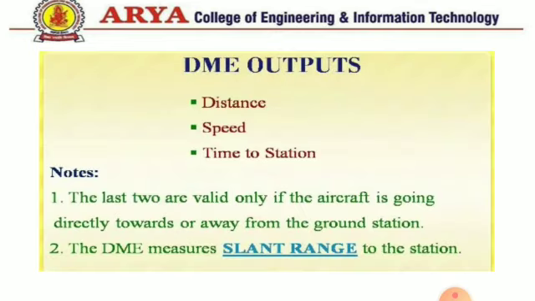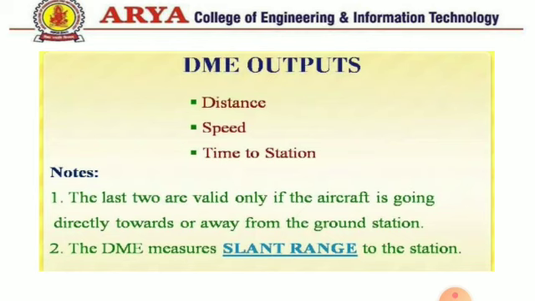So what are the DME outputs? The output will be distance, and if you differentiate it, it can give speed, and distance divided by velocity gives you the time to station. The last two are valid only if the aircraft is going directly towards or away from the ground station.